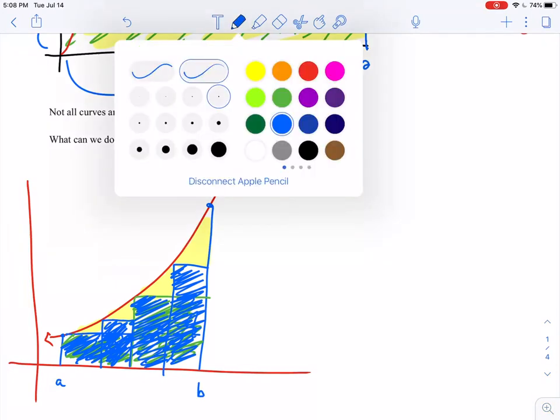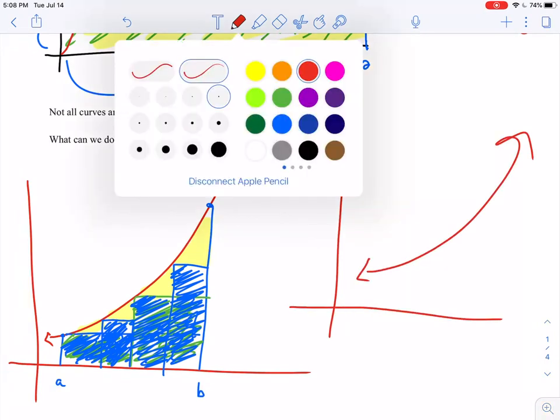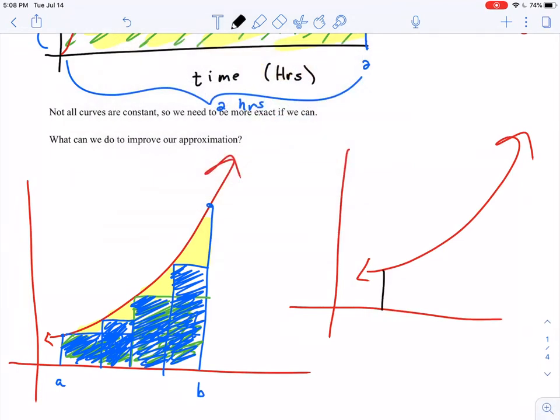So hopefully we're sensing a pattern. The idea here is if I add in more rectangles, I get a better approximation. So if I added in a bunch of little teeny tiny rectangles, it's still an approximation. It's still not perfect.